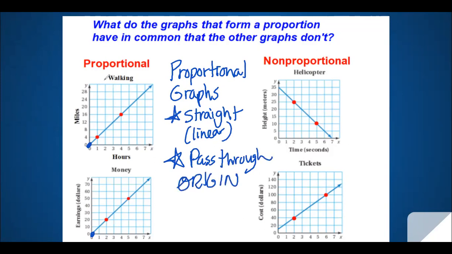So these ones are proportional on the left. They pass through the origin and they're straight. Now the ones on the right, they are straight, but they do not pass through the origin. So they're not proportional. Okay? All right, so they are straight and they pass through the origin. That's what makes graphs proportional.